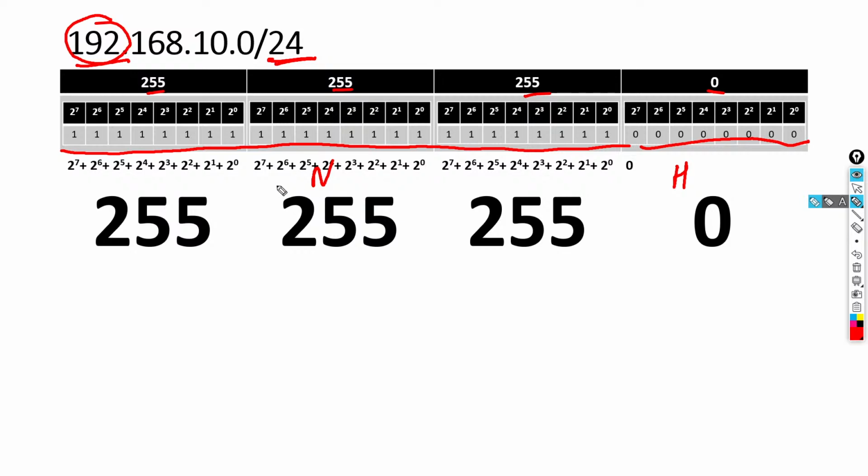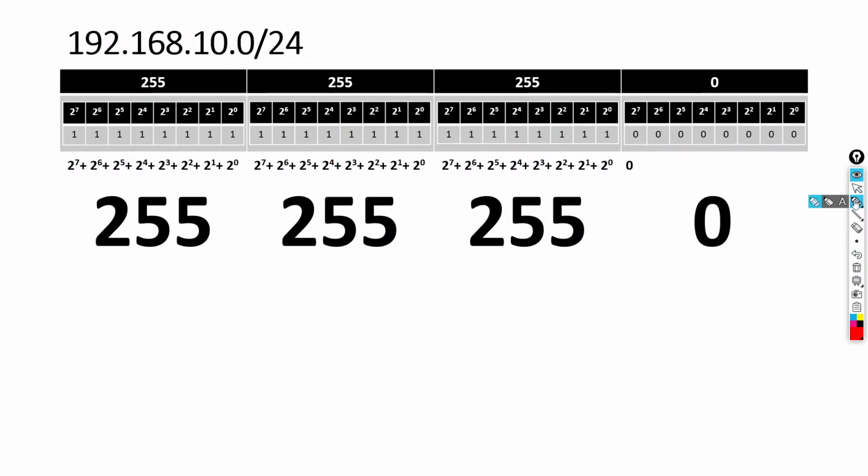Now how will you get 255.255.255.0? See, every bit you are able to see here, all the binary bits have a certain value, and this value can be counted from right to left. For example, there are 8 bits, 1 1 1 1 and so on.